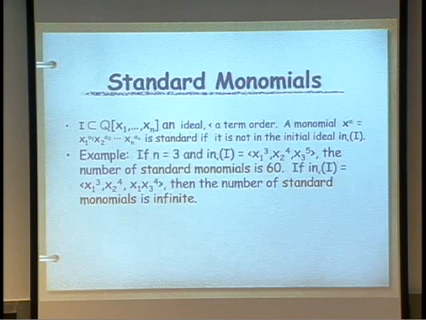So the number of standard monomials could be finite or infinite. In the second case, it's infinite because every power of x3 is standard, it's not in the ideal. So there's the number of standard monomials, and it could be finite or infinite, and you can read it off by looking at the leading terms.